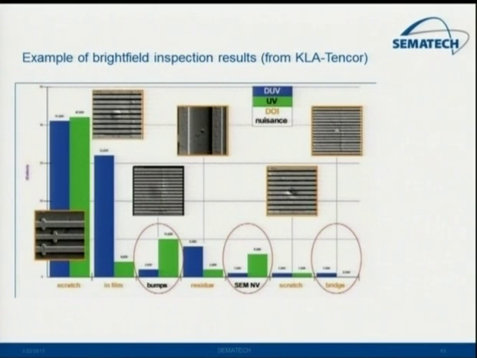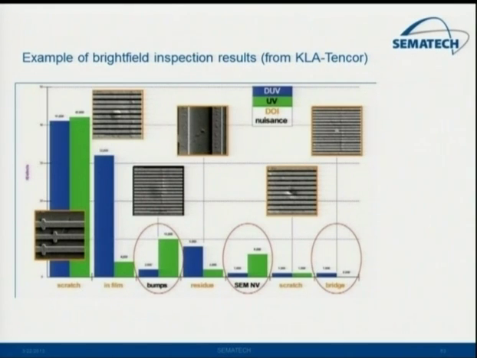So here's an example of what the output might be, courtesy of the largest maker of one of these tools. You're trying to characterize on your different wafers what the defects are and obtain some information about what it might be in terms of its composition. Whether it's a scratch, and I'm sorry you can't read those numbers, but those are about 30 or 40,000 scratches on these wafers, so that's a substantial problem.